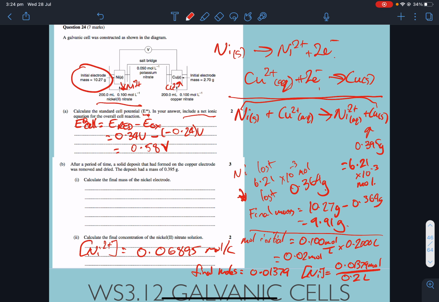How many sig figs? 3. So I could probably do it to 3. 0.0690, 3 sig figs. That's very messy and I apologise.